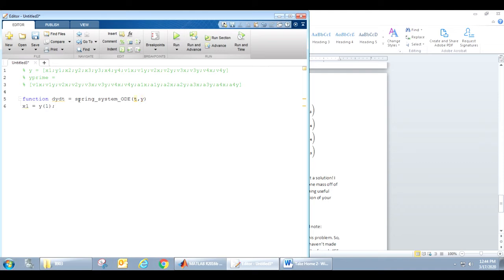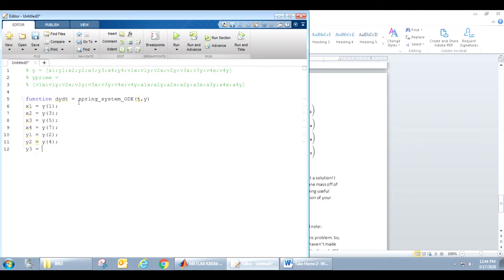What I'm doing right now is not necessary, but I think it's going to be helpful. x2 is equal to y3, x3 is equal to y5, x4 is equal to y7, y1 is equal to y2, y2 is equal to y4, y3 is equal to y6, and y4 is equal to y8.